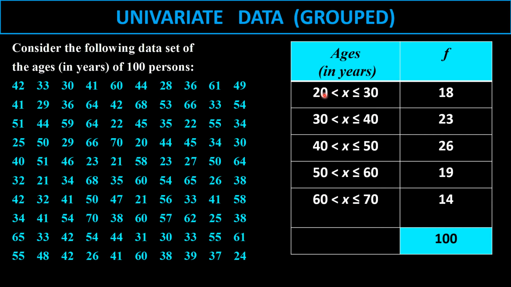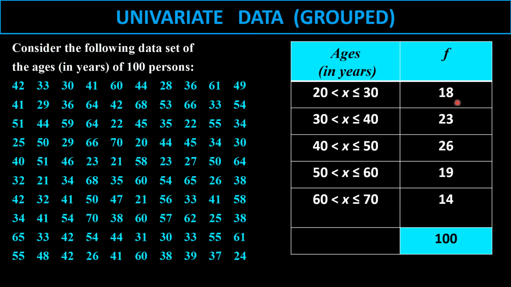And if we count, in the 20 to 30 interval there are 18 ages. 30 to 40 there are 23, 40 to 50 there are 26, and 50 to 60, the 60 is included here, not there, that's 19, and then from 60 to 70 there are 14. And if we add up those frequencies, 100. What does this mean?